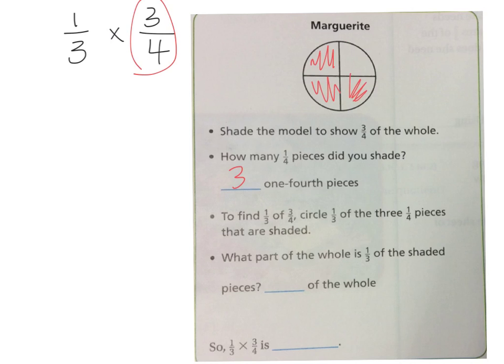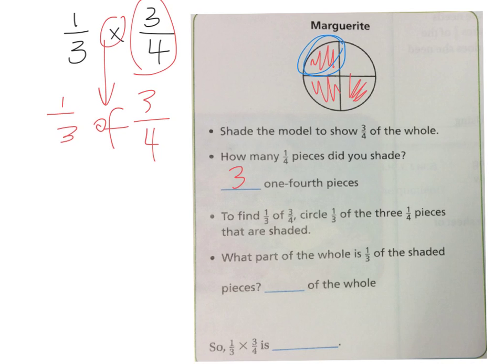Okay, now in order to find 1/3 of 3/4, because we know that this multiplication sign really means "of," we have to circle one of those 3 pieces, right? So go ahead and circle one of the 3 pieces you just shaded in.